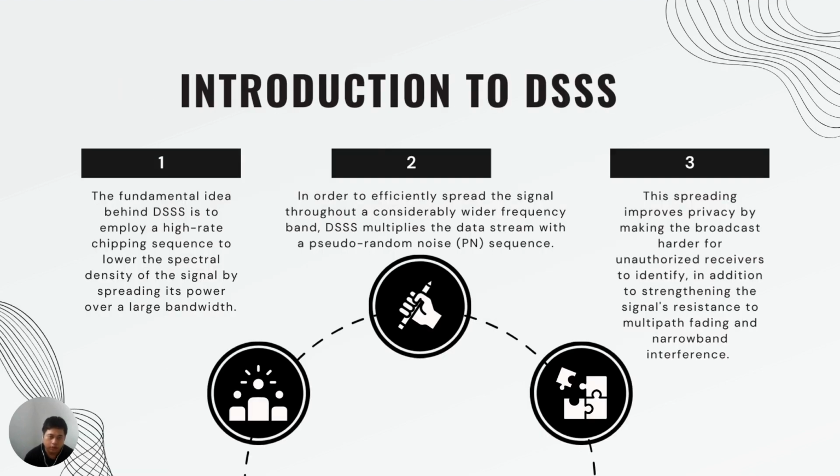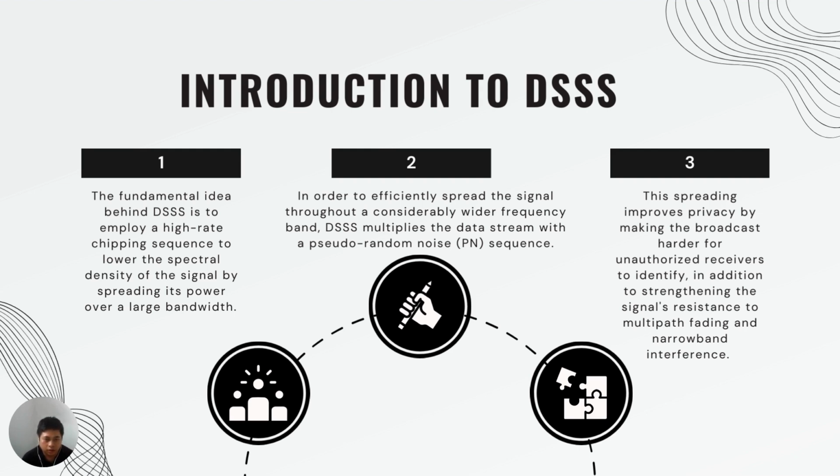For a further introduction to DSSS, the fundamental idea behind DSSS is to employ a high-rate chipping sequence to lower the spectral density of the signal by spreading its power over a large bandwidth.